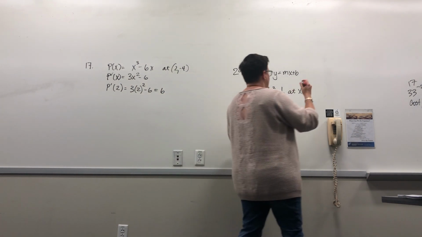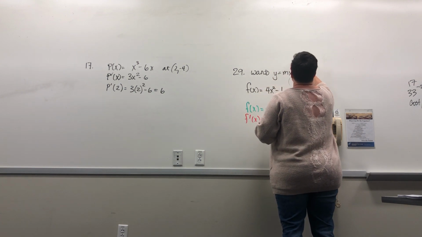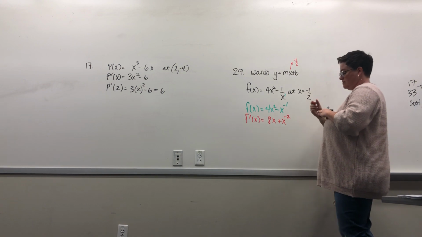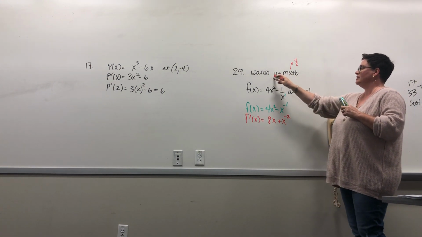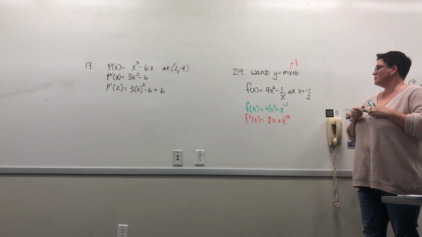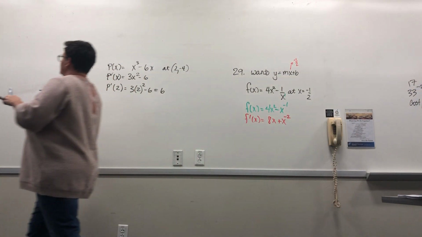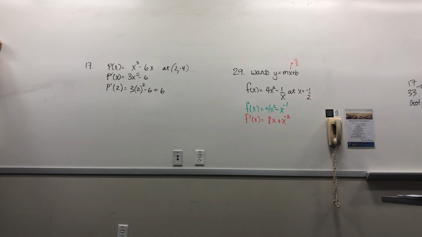So right now I have x. X is negative 1/2. So where do I go to get the y value? What do I do? That's right. Plug x into a function, get out a y. Plug x into a derivative, get out a slope.